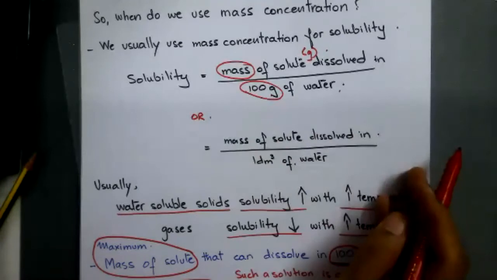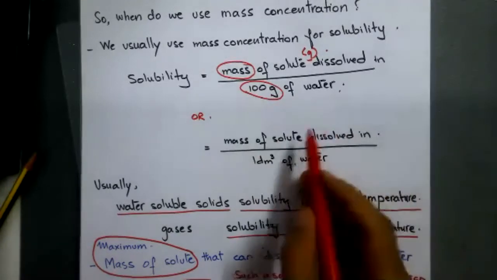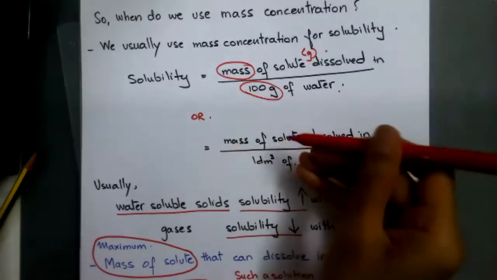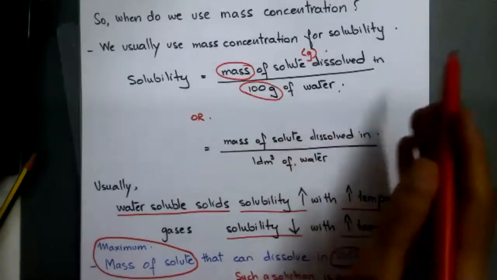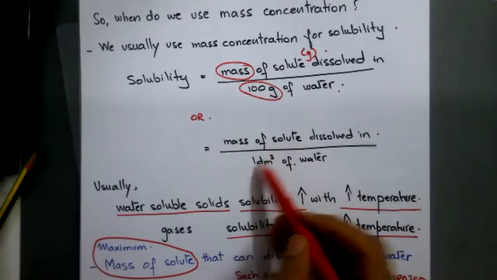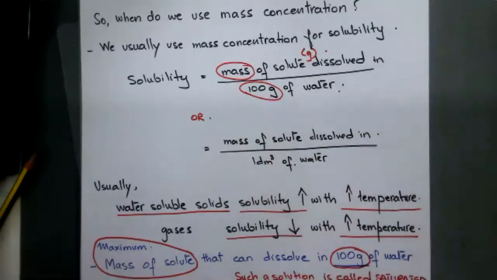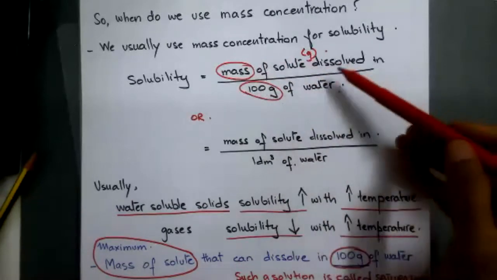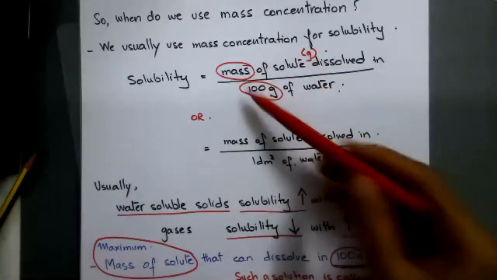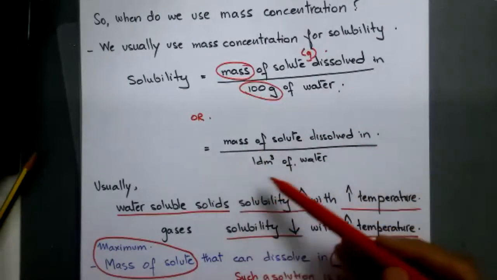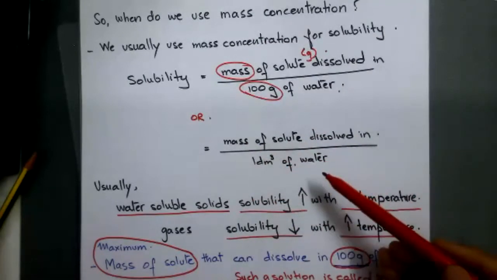Both are correct. And also we can use the number of moles as well. But remember, whatever unit you're using, you have to be consistent throughout your question. So mass of solute dissolved in 100 grams of water is the most commonly used, or the mass of solute dissolved in 1 dm cube of solution or water.